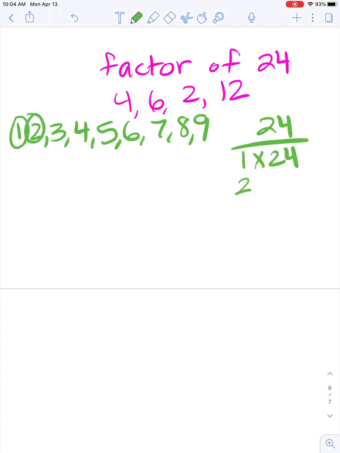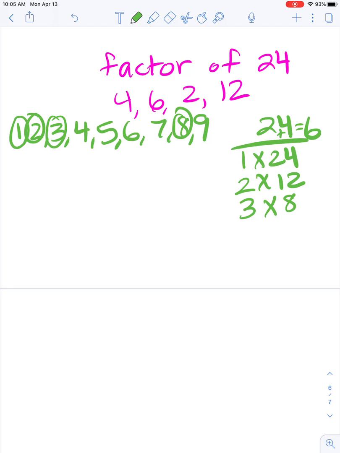I know 2 will because it's even. 2 goes in 12 times. Let's do 3. 2 plus 4 equals 6. 3, 6. So 3 is going in. 3 goes in 8 times. So I know 3 times 8.